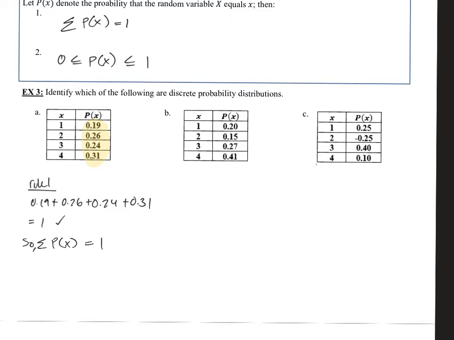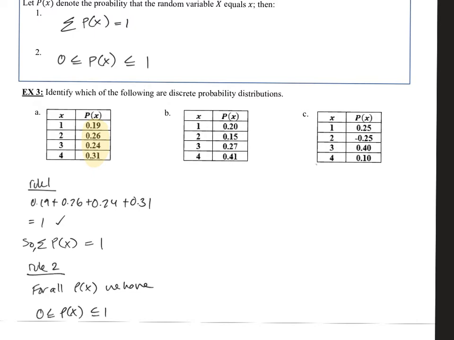And rule 2. We need to make sure each one is less than 1 and greater than 0. And looking at all of them, they are all less than 1 and greater than 0. So for all p of x, we have 0 less than or equal to p of x, which is less than or equal to 1.